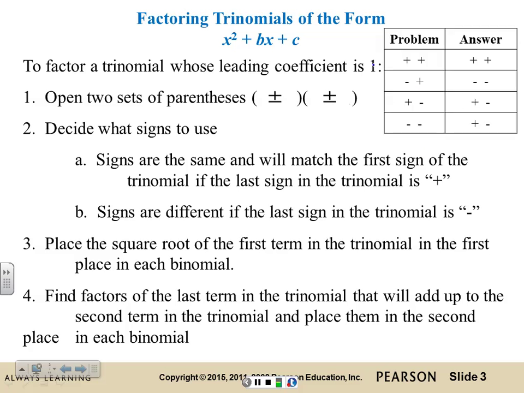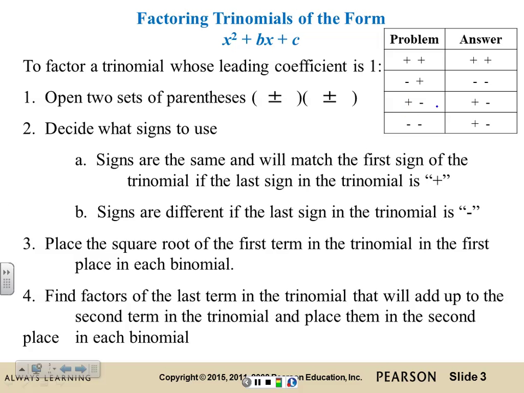Alright, so here's that table that I was telling you about. If in your problem you have plus plus, then your answer for your binomials is going to be plus plus. If you have minus plus, you're going to have minus minus. Notice if the last sign is positive, the two signs in your answer have to be the same and they're going to match that first sign.